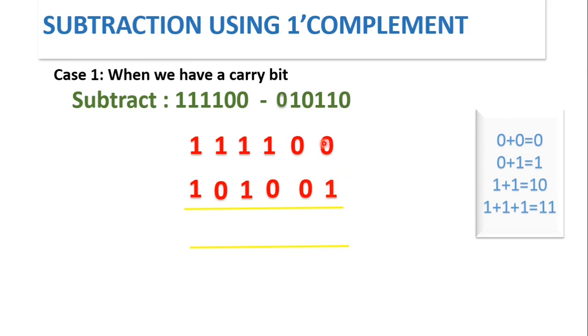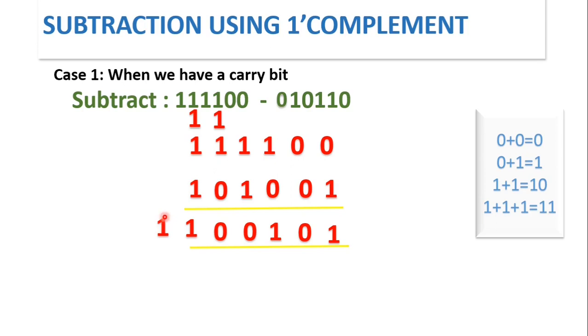And now we have to add the numbers. When you add, 1 plus 0 is 1, 0 plus 0 is 0, 1 plus 0 is 1, 1 plus 1 is 10, 1 plus 1 is 10, and 1 plus 1 plus 1 is 11. You can see that there is an extra bit which is generated and this is the carry bit.